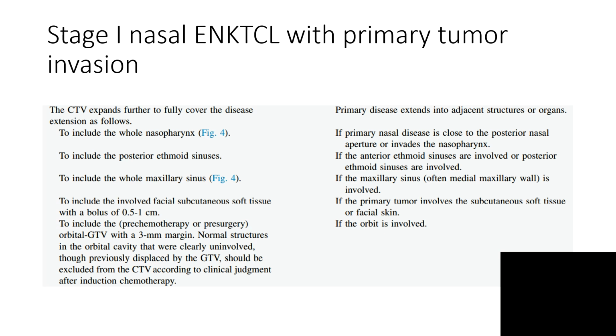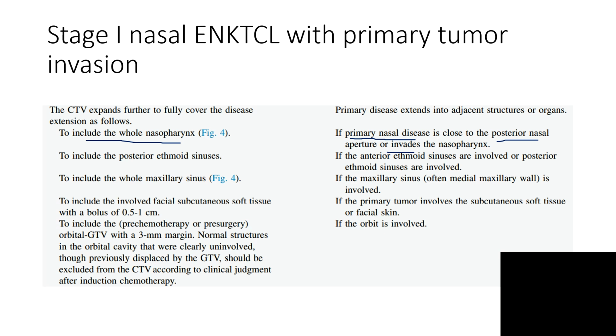Next, we're going to look into stage 1 nasal ENKT cell lymphoma with primary tumor invasion, so it's not purely confined to the nasal cavity. If the primary tumor of the nasal disease is close to the posterior nasal aperture and invades into the nasopharynx, we need to include the entire nasopharynx.